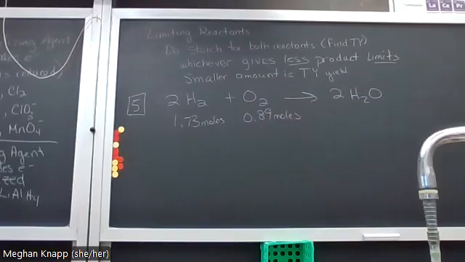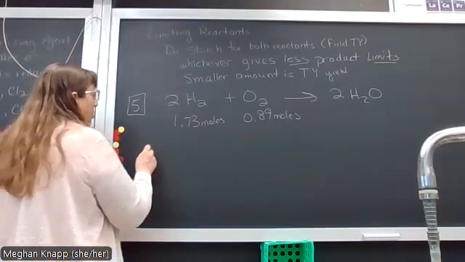Okay, so it's asking both for the limiting reactant and the theoretical yield. So we need to find how much product we get from each of these, but this is just a mole to mole, one-step process. We don't have to find moles because we're already there. And once we've converted from moles of one to moles of the other, it just asks how many moles, so we can stop. We don't have to go to grams.